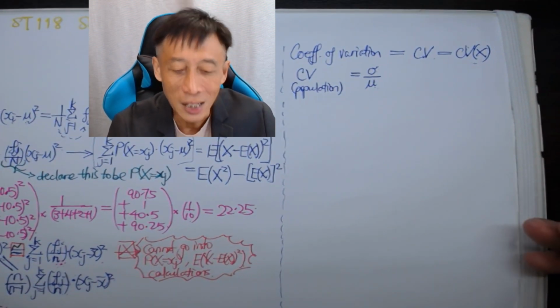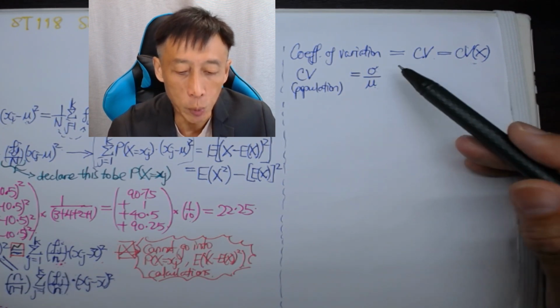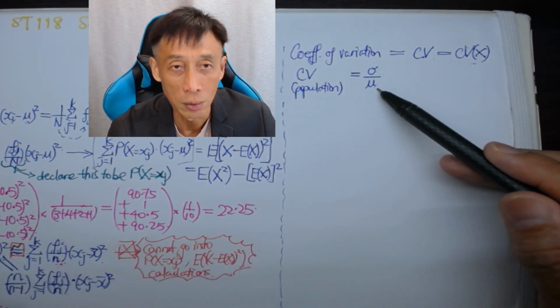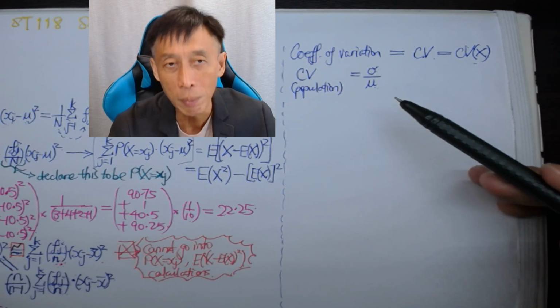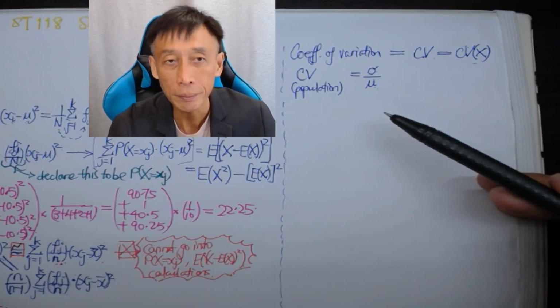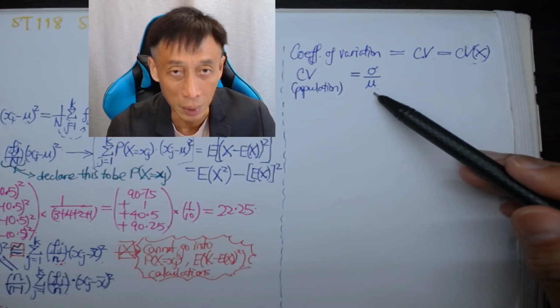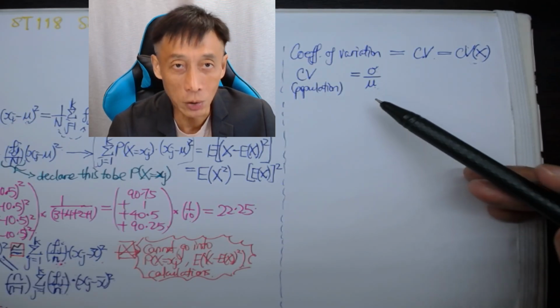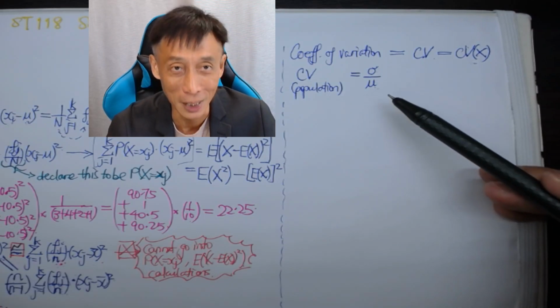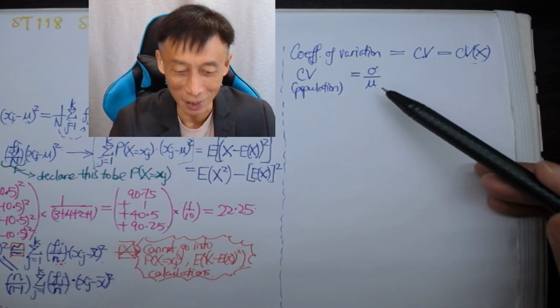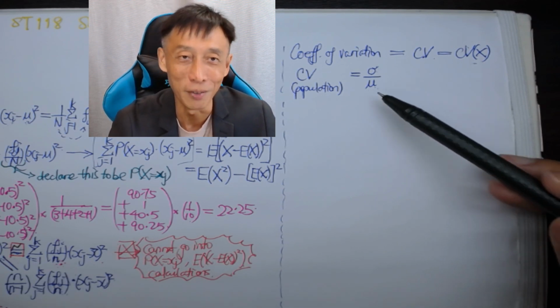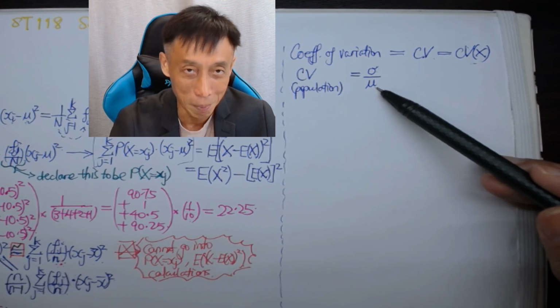So CV for DBS Bank will be 40 cents over $40. That's 1%. Either we put 1% or 0.01. The number can be larger than 1. There's no saying that it cannot be larger than 1. But of course, when it's larger than 1, it's more than 100%. That's trying to tell us it's a huge amount of fluctuation relative to the mean.